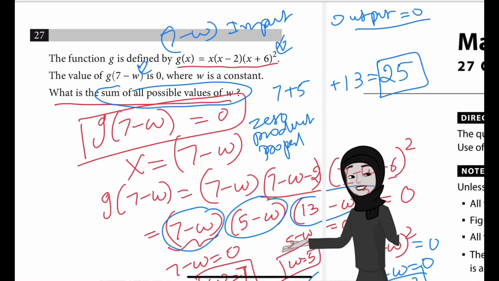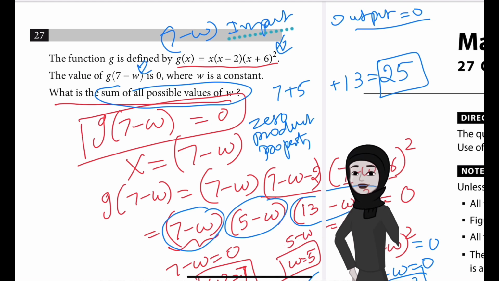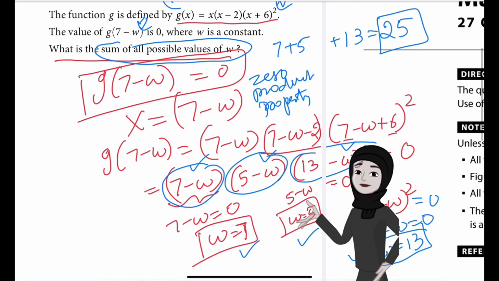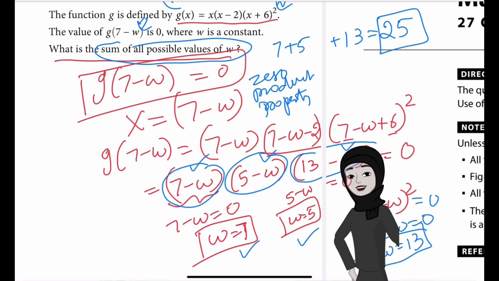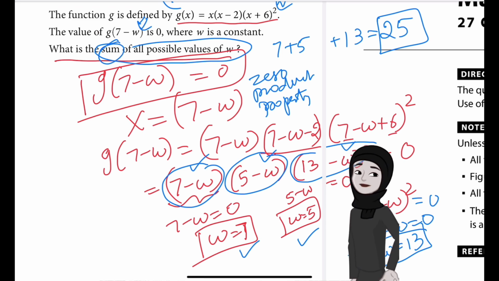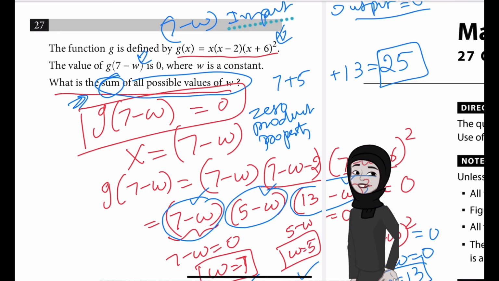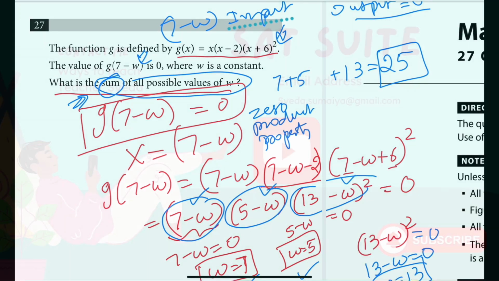As you know, if the product of any two or any three values is equal to 0, that means one of those values, in this case one of these three factors which we have, is equal to 0. That's why we got three different possible values of w, which we added to get the answer, because the question wants us to calculate the sum of those three possible values. So I hope that's clear.